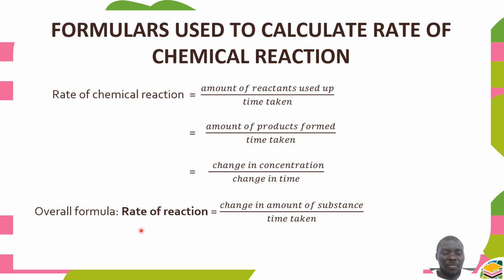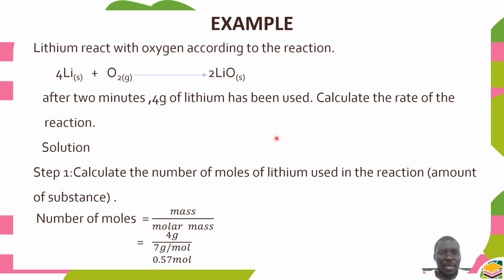So the overall formula that we can use to calculate rate of chemical reaction is the change in the amount of substance divided by time taken, because when we're talking about concentration, we're also looking at the amount of something. This is an overall formula that we can use, but it depends on what we have been given in the question. So for example, let us look at this question.